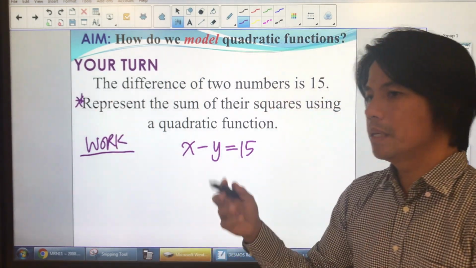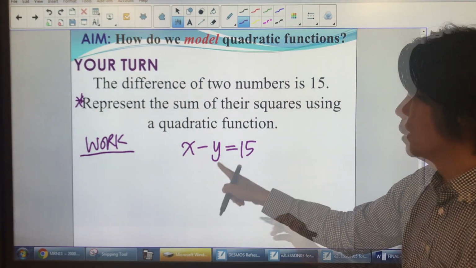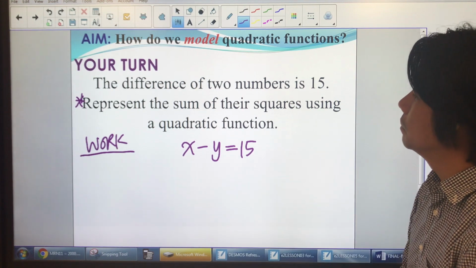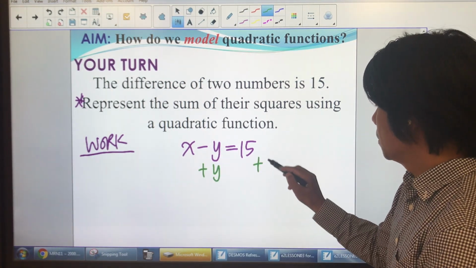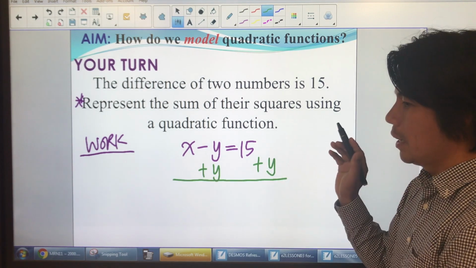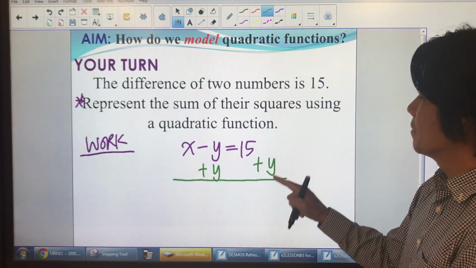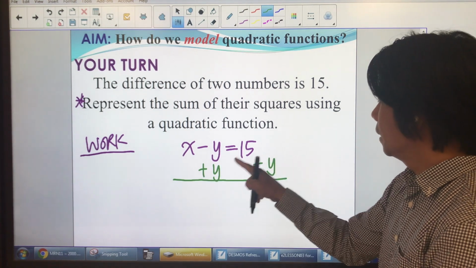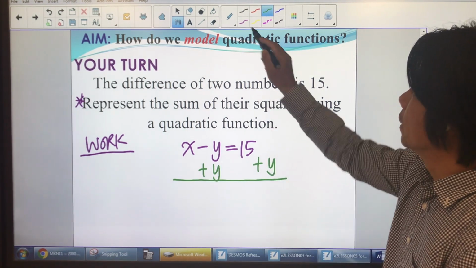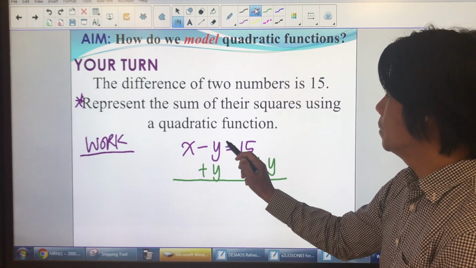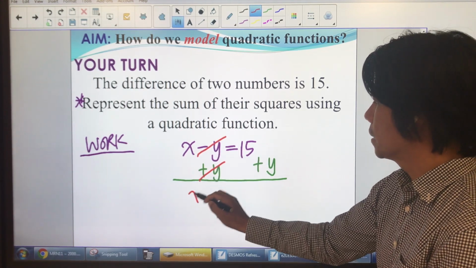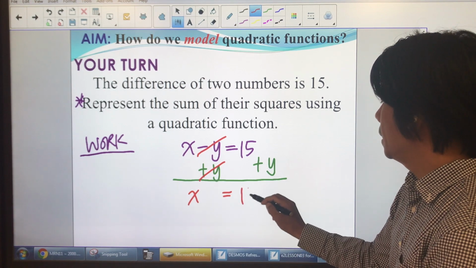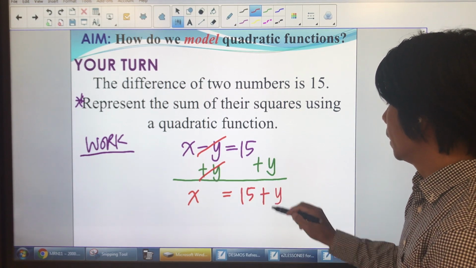But as what we did in the model problem, we need the y by itself. This time, I'm going to add y to both sides. Why? Because if we do that, the y becomes positive right away. So what happened to this y? They turn to 0. So the x is by itself equals 15 plus y.